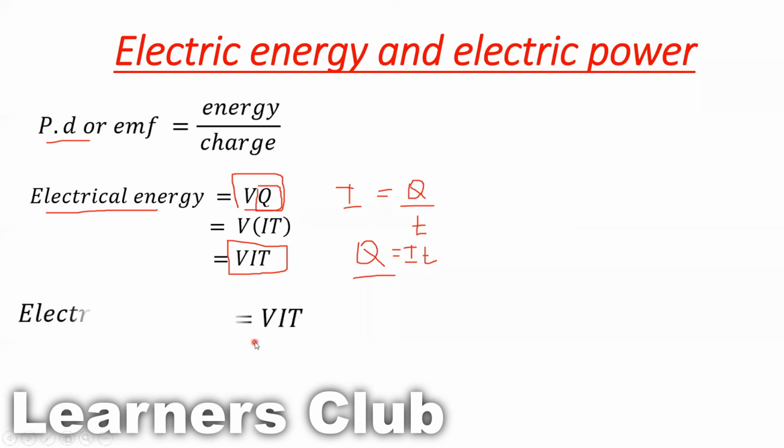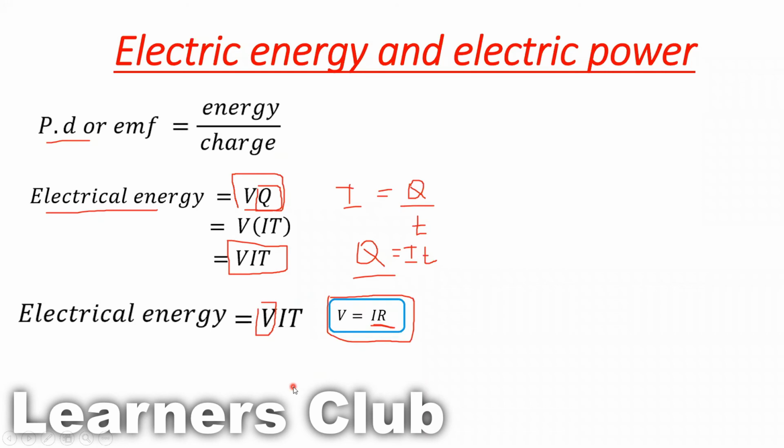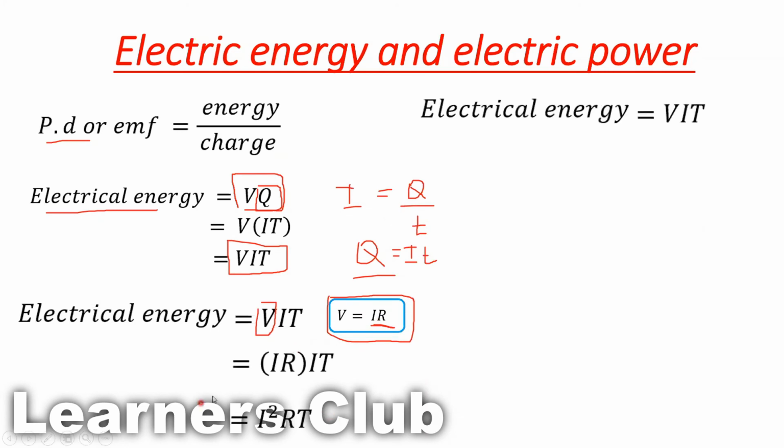Another equation that I can obtain is V is equal to IR. This is an equation that is obtained from Ohm's law. In place of V, we substitute IR. So we get I squared RT. Another equation: we take VIT from here.